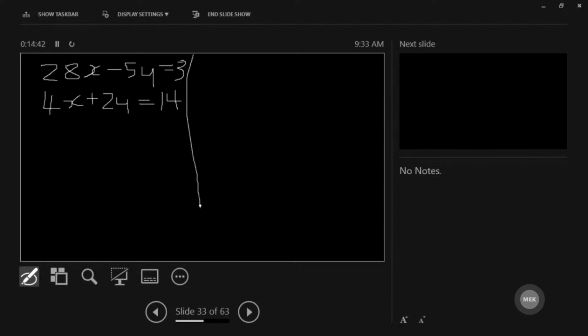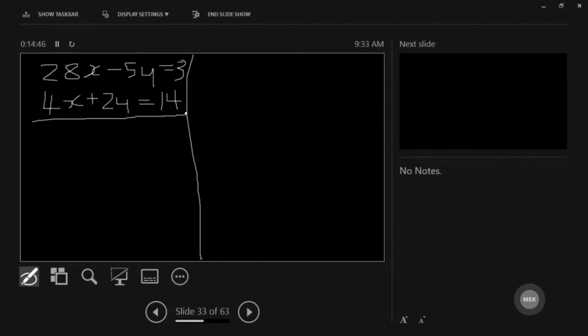So, for example, 28x minus 5y is equal to 3, and 4x plus 2y is equal to 14. So these are our two equations that we are asked to solve.